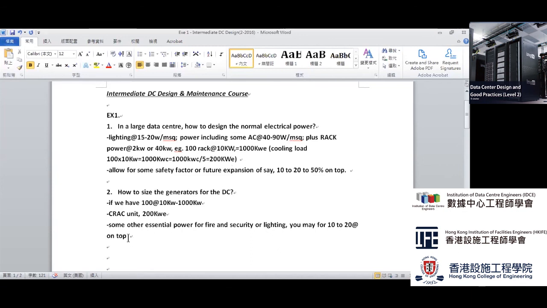So what do you get here now? I think the total roughly equals 1000 kilowatt, that's the rack, plus the CRAC unit, which is 200 kilowatt, for the CRAC.